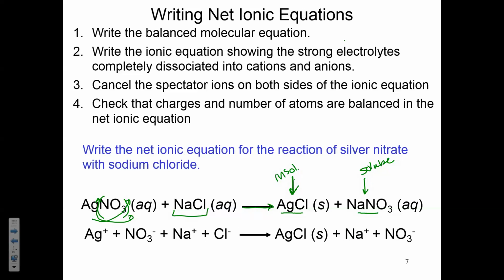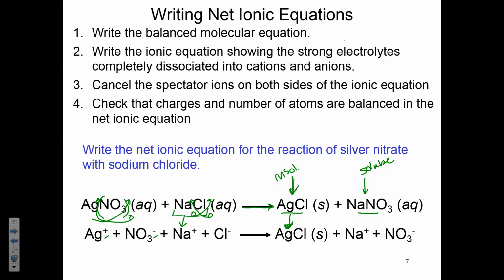So here, Ag has a plus, NO3 has a negative. We're going to do the same here. Na has a +1, Cl has a -1. This one we're leaving intact. It's our insoluble compound, so leave it intact.